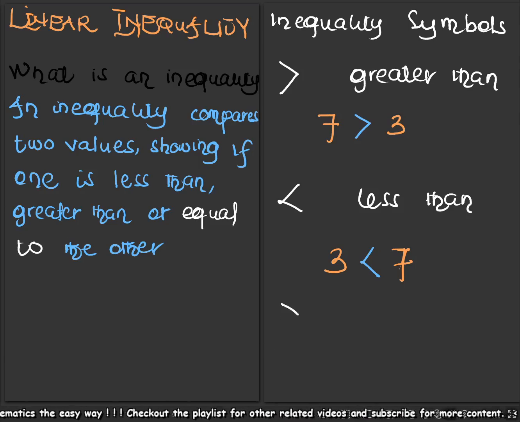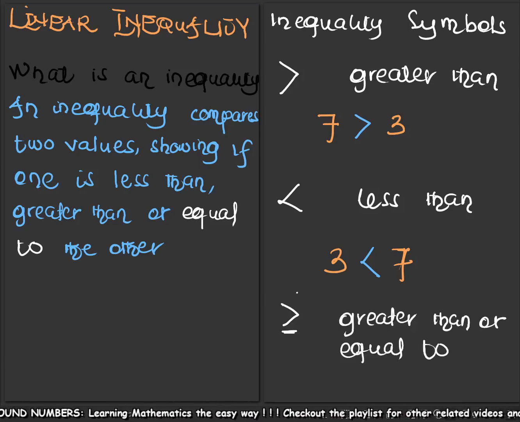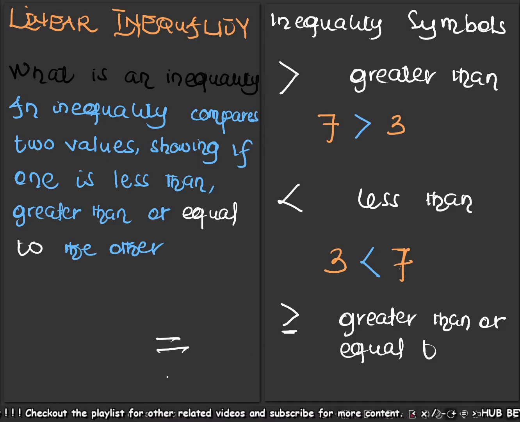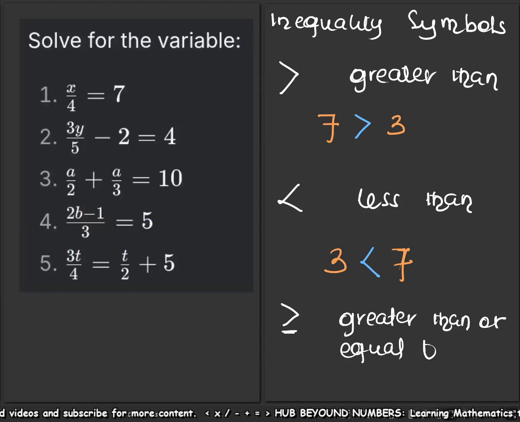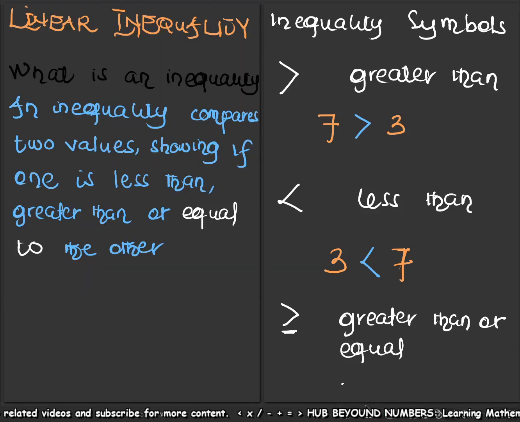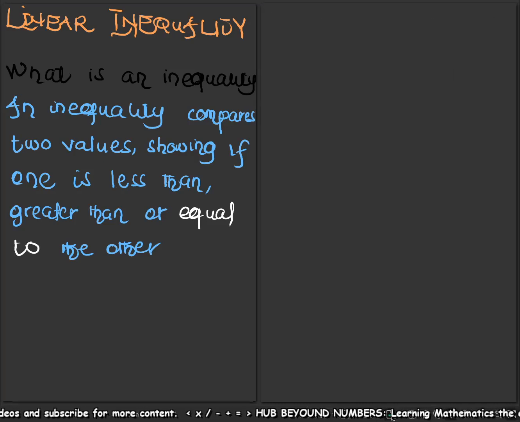So let's look at the greater than or equal to. If you take a look at this symbol, you see it has two parts. It has the greater than symbol, and the equal to symbol. This symbol is used to show that a number can be in a range of values.